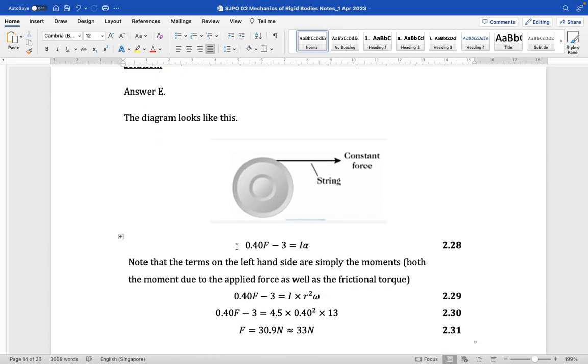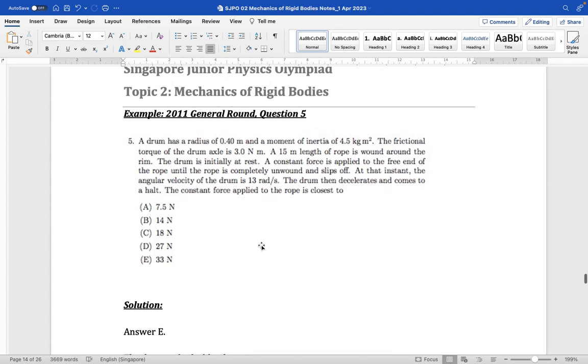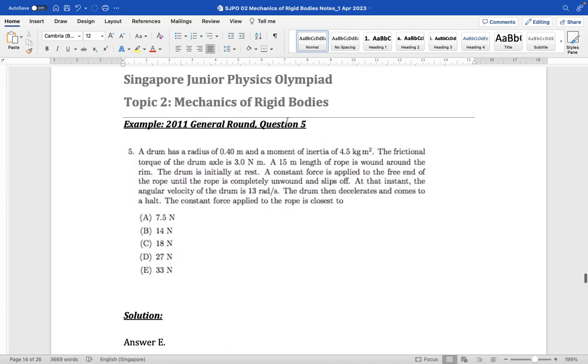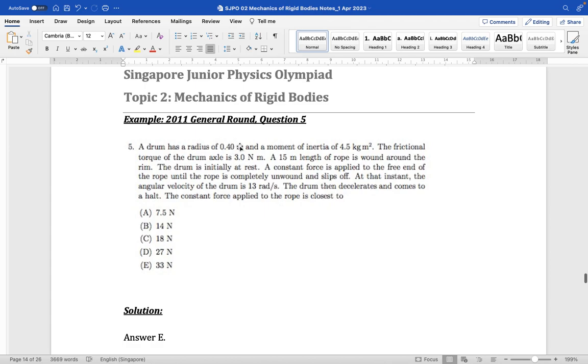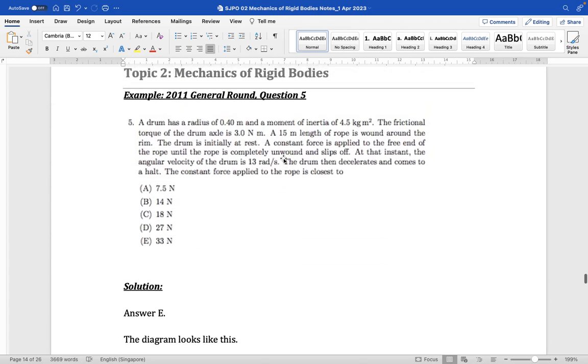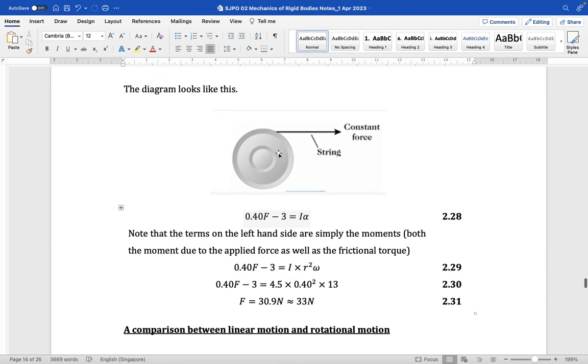So this diagram looks like this. There's a constant force, this is the rope itself, and it's being pulled. The overall torque is the applied torque, 0.40 multiplied by F, which is the force. So radius multiplied by force gives you a moment here, minus the frictional torque, which will give you the resultant torque.